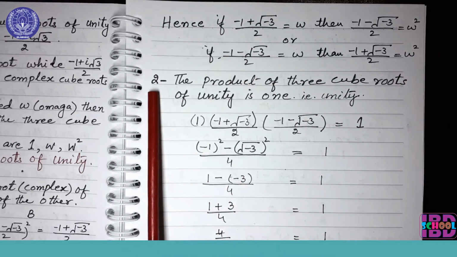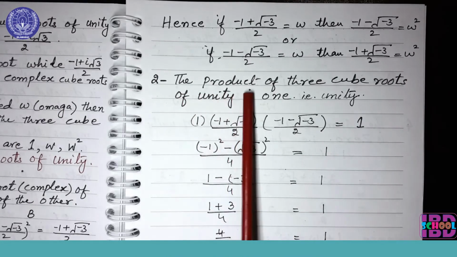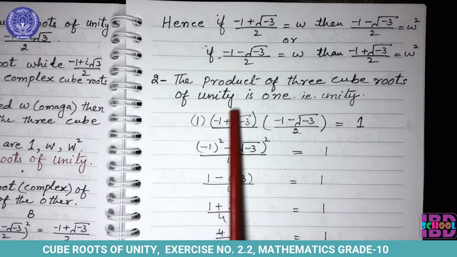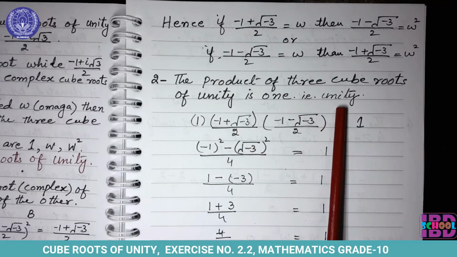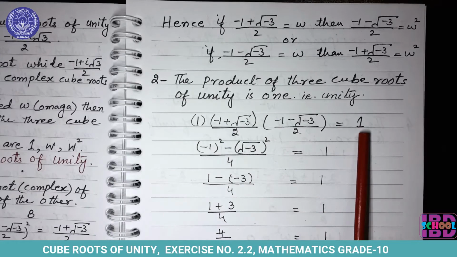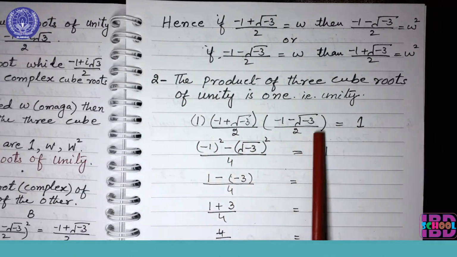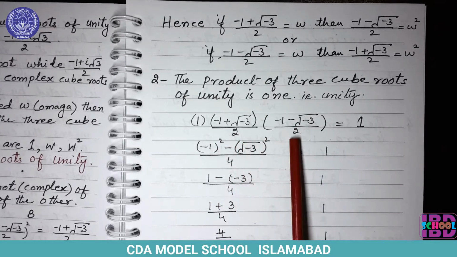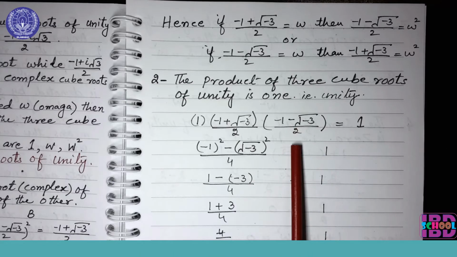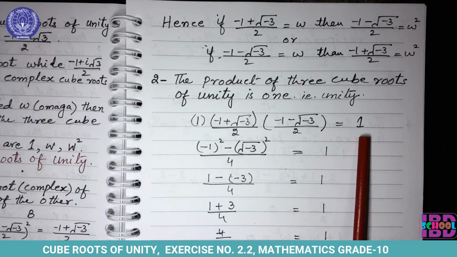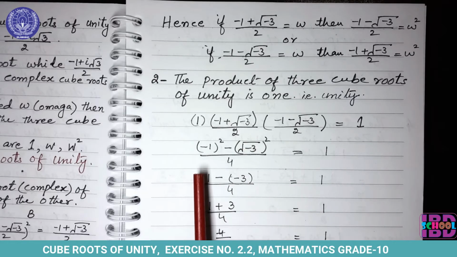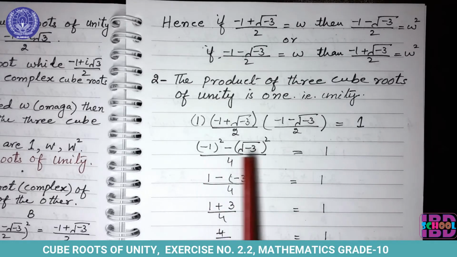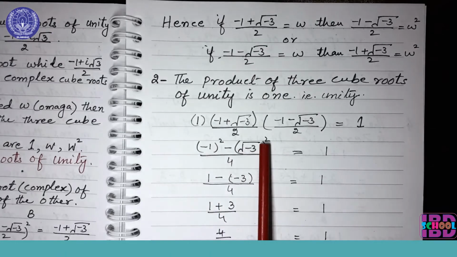Second property is the product of three cube roots of unity is 1, that is unity. Here we explain 1 into minus 1 plus under root minus 3 by 2 into minus 1 minus under root minus 3 by 2 is equal to 1. Here we apply the formula a square minus b square.